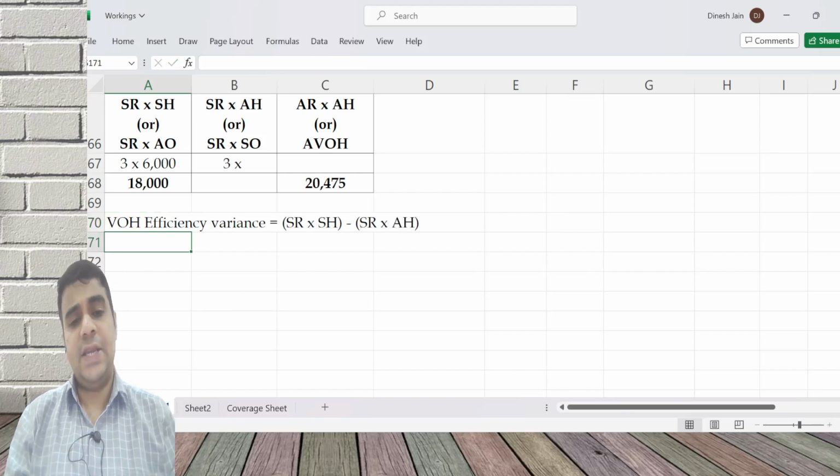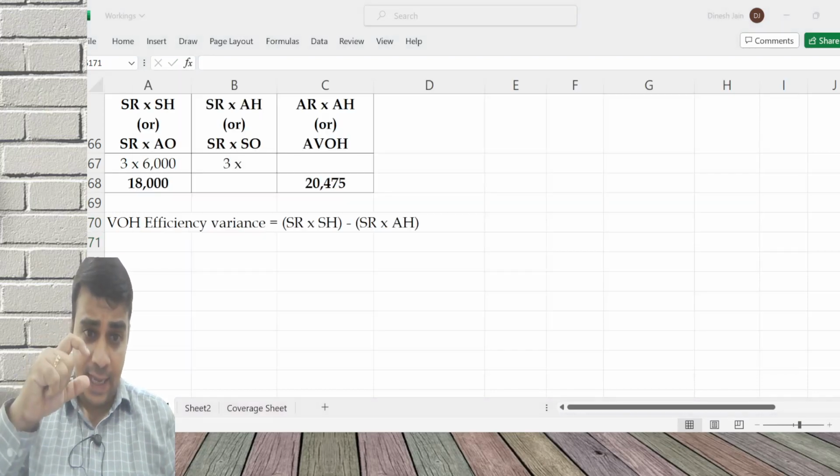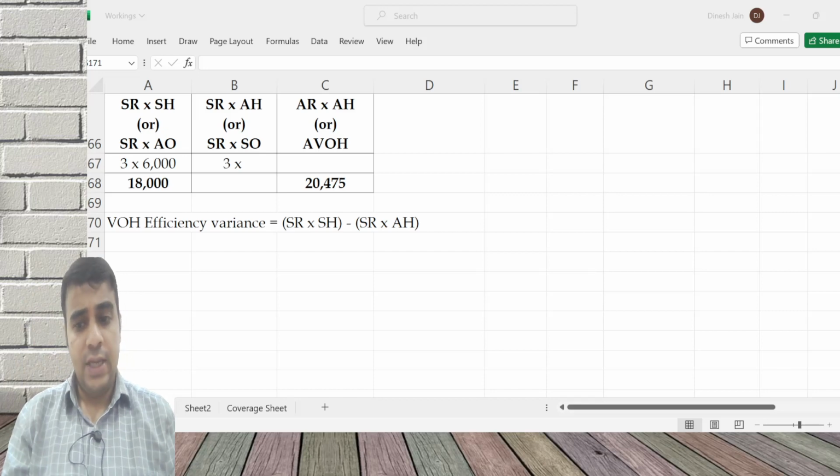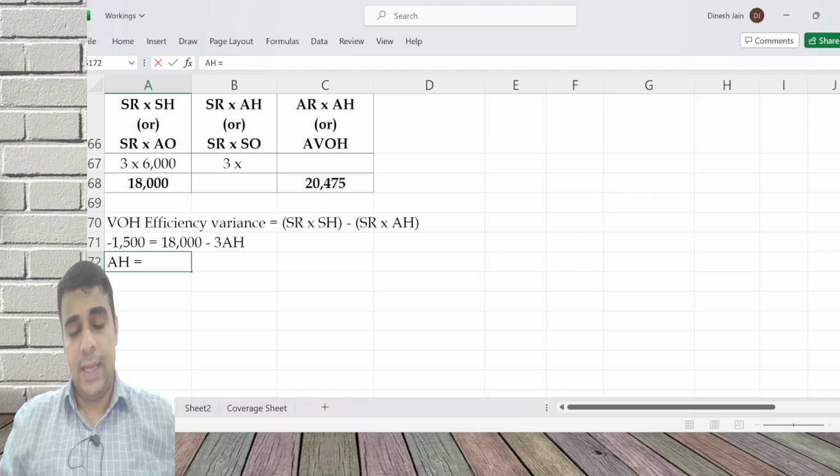This will give us the AH number, and then I can copy paste this AH even to the labor variances. SR into SH minus SR into AH: 1500 negative is equal to 18,000 minus 3AH.